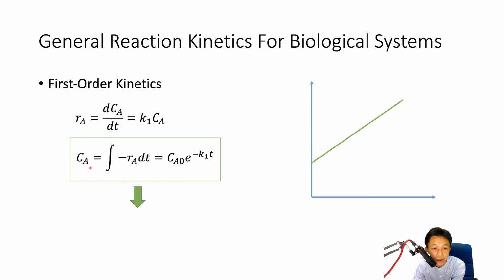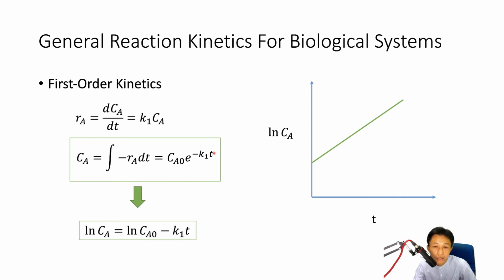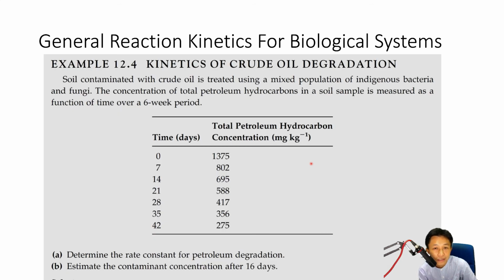Ca, concentration of A, is Ca0 times e to the power of minus k1 t, and if you take the natural log of the whole thing, you just plot ln A versus t, and your slope is minus k1, and your intercept is ln Ca0. See, the slope is minus k1, and this is how the example looks like.